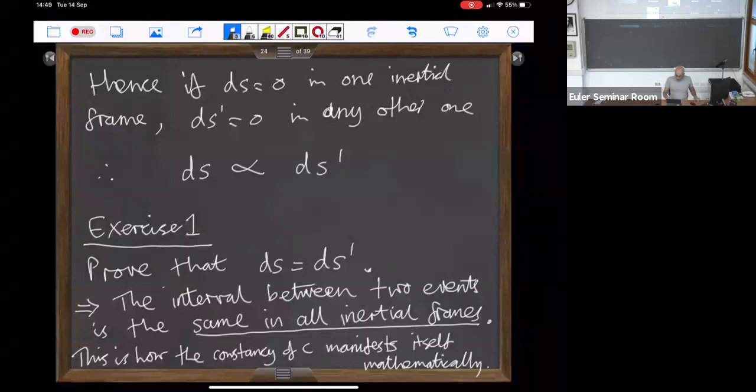So the first exercise I want you to start looking at is the proof that the proportionality constant between them is actually 1, which means that the interval between any two events is the same in all inertial frames. And mathematically, this is how the constancy of the speed of light gets manifested in formulae.